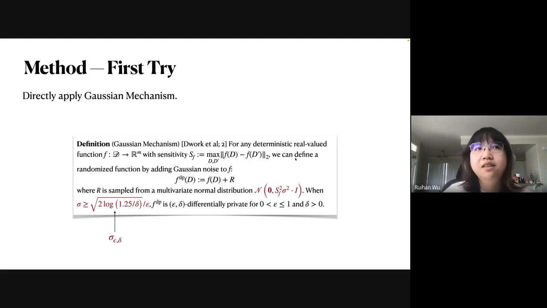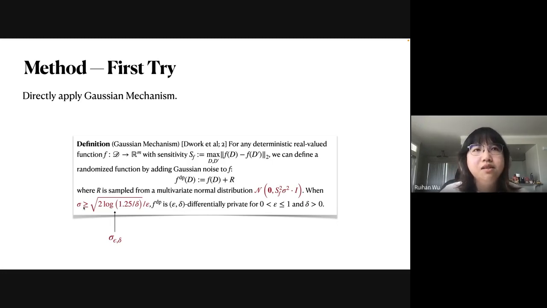We can define a randomized function by adding Gaussian noise to this f, where R is sampled from a multivariate normal distribution with this designed variance.